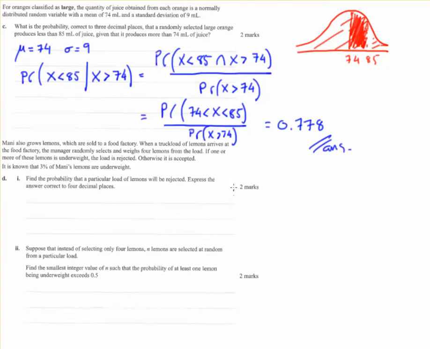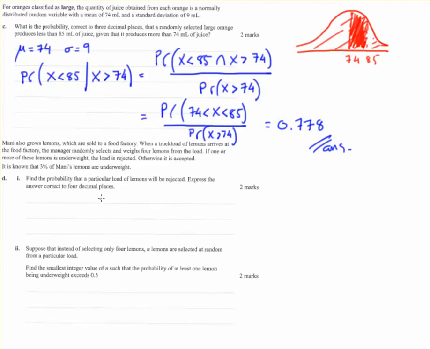Now for a little more reasoning. This fruit grower also grows lemons, which are sold, and the manager has a method to sample the product to see how good it is. He samples 4 lemons and decides that if any one of those is underweight, the load needs to be rejected.